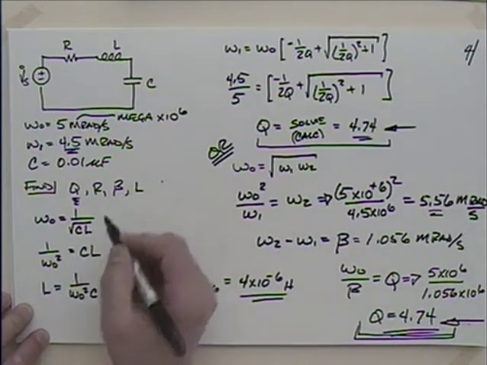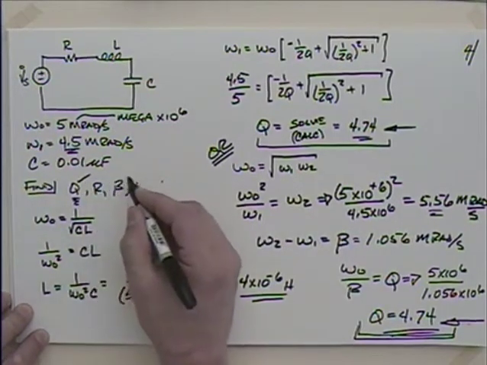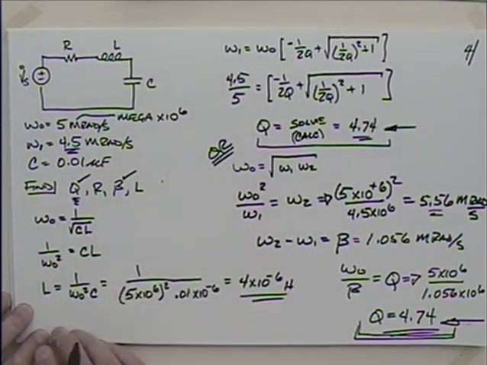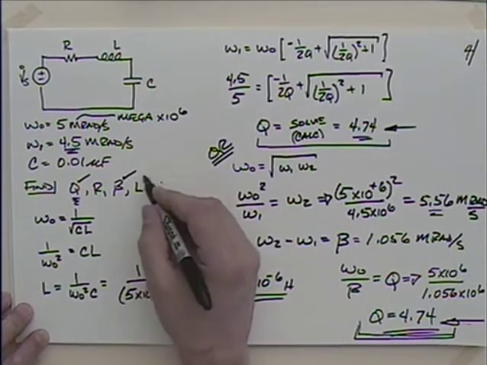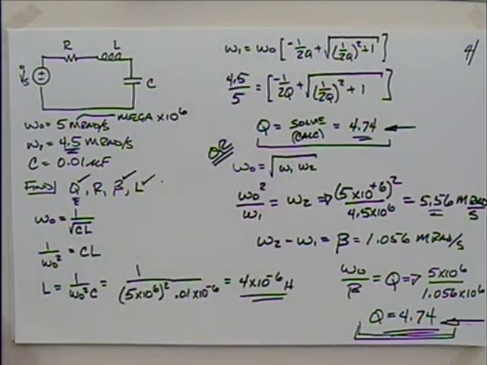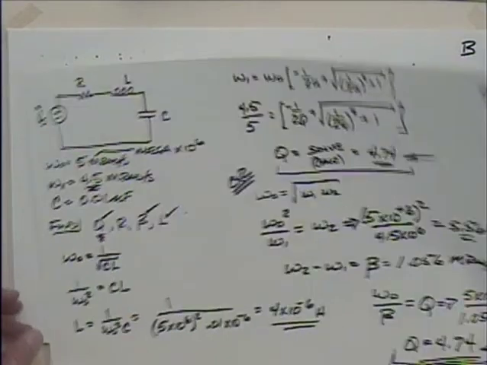So we got Q. The nice byproduct of that is I got the bandwidth beta. I've got L. So I need R, don't I? How could I get R?